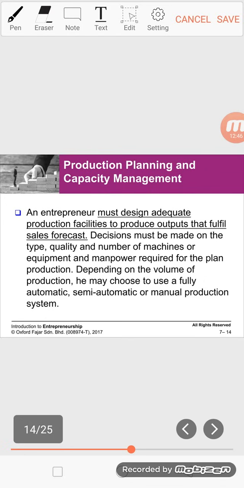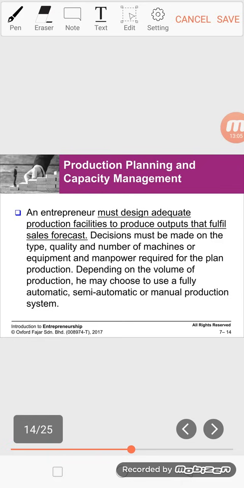Entrepreneur must design adequate production facilities to produce outputs that fulfill sale forecast. Okay. So ini seperti yang saya cakap tadi lah. If we target our production to that amount, then our facilities have to have that capacity to achieve that amount.